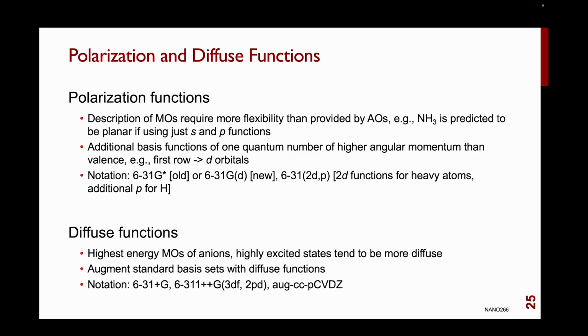Okay, and for your correlation consistent basis sets, there's this AUG, which just means augmented basis set, which means the inclusion of diffuse functions. Okay, all right. So basis set choice is definitely one of the most important considerations you have to make when you are doing quantum chemistry calculations.